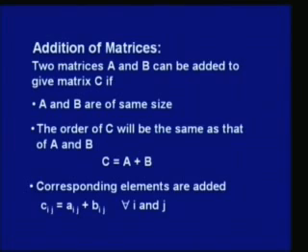Now to get the matrix C, which is the sum of matrices A and B, one has to add the corresponding elements. That means the typical element of the matrix C is Cij is equal to Aij, the element of A, plus the ijth element of B. So Cij is equal to Aij plus Bij for all values of i and j is the sum matrix.